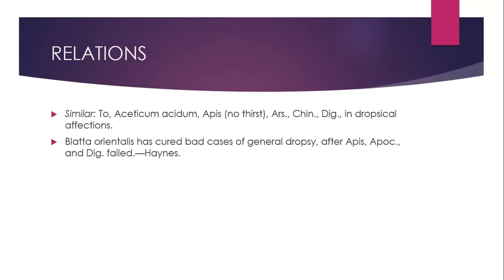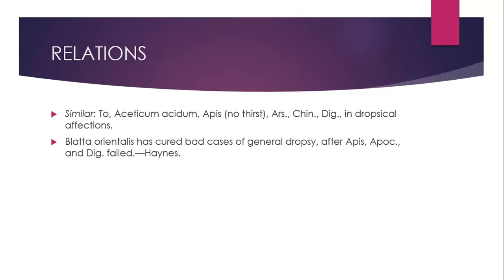Blatta orientalis has cured bad cases of general dropsy after Apis, Apocynum, and Digitalis have failed, said by Hering, which again becomes another important remedy. Very important question from an AIAPGET point of view.